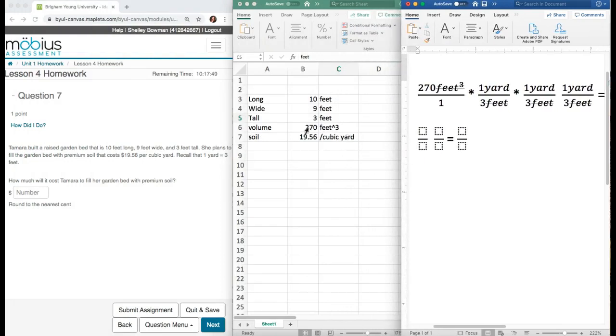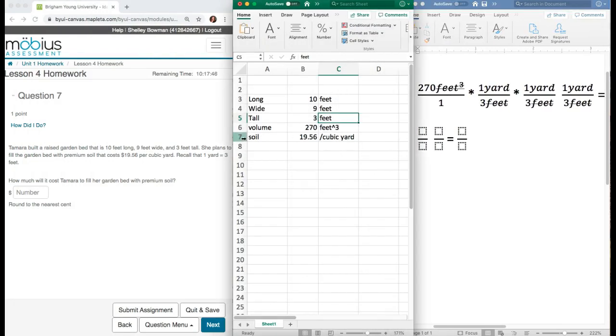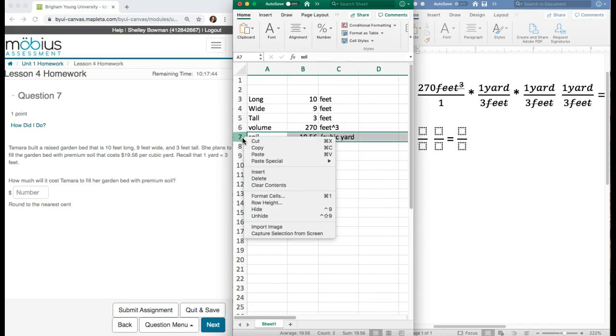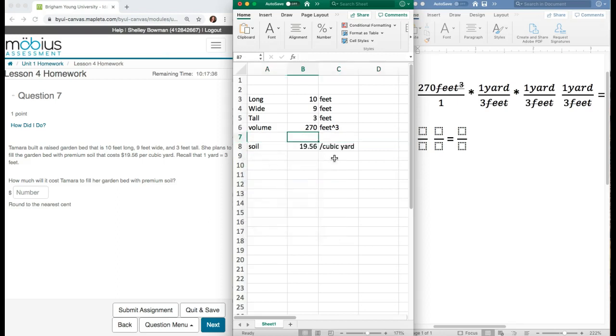So now I know my volume in cubic yards. I'm going to insert here by right-clicking on this row and going to Insert, and it'll give me another row in between. So I'm going to put, this is also the same as 10 yards cubed, or cubic yards, which is exactly what I needed, and I can move forward now with the price, or the cost. Let's do cost. Cost will be our $19.56 times the 10 cubic yards.